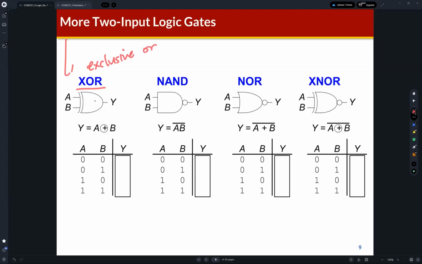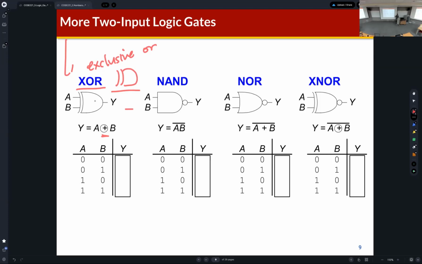It's called an exclusive OR. The exclusive OR also has two inputs, and the symbol of exclusive OR is like this. We use this operator for representing exclusive OR. And what is the definition of exclusive OR?